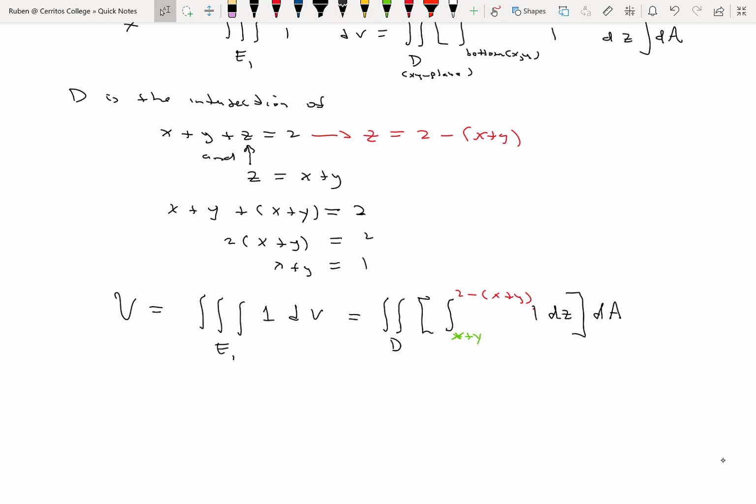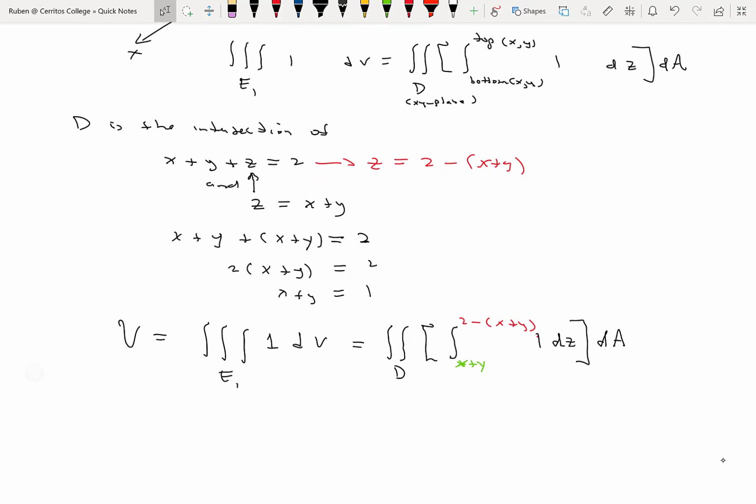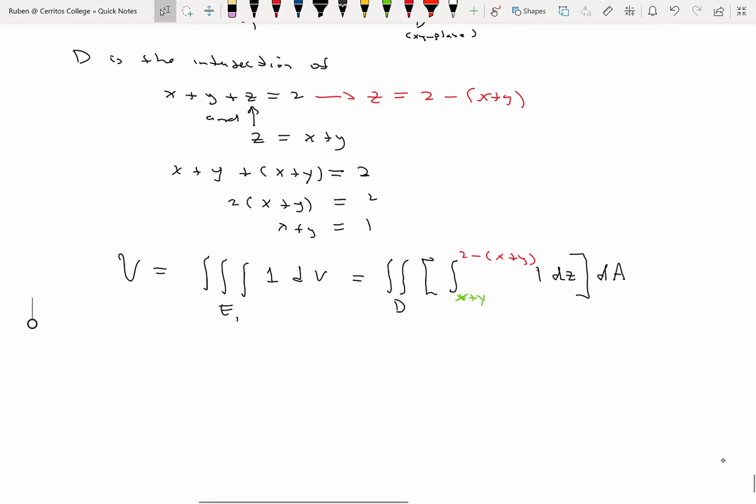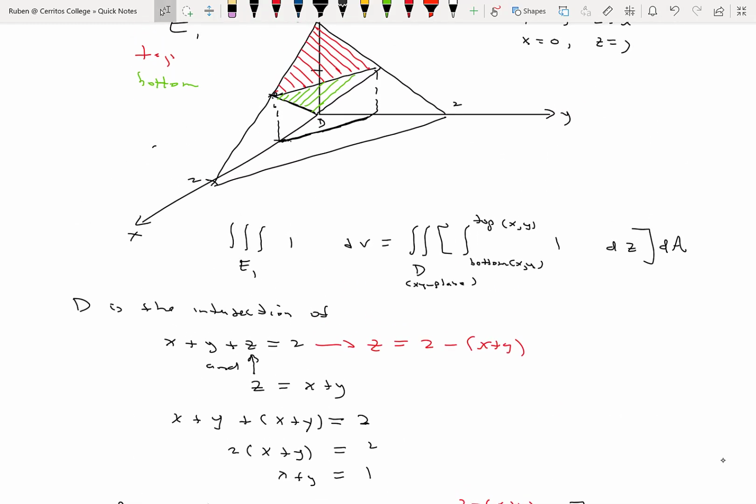Okay. Let's move this forward. Remember, I'm looking at a double integral now, over D. If we look back at our region in 3D, D is the region that I'm shading in yellow.